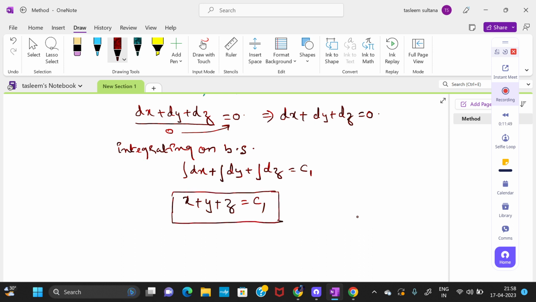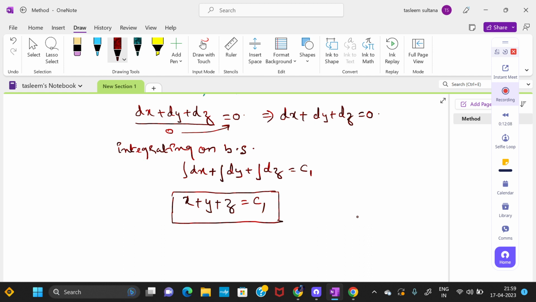The first one is 1 into dx, so integration of a constant is x. Then dy, integration of 1 with respect to y is y. Then with respect to z, it's z. So c1. One part of the solution is over.